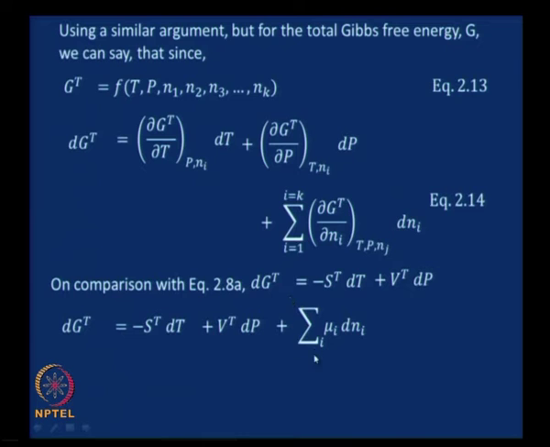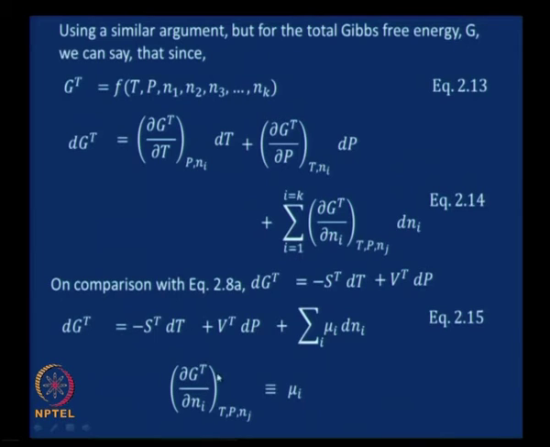So, we have this extra term here, summation of μ_i dN_i. We will call this equation 2.15. Let us define ∂G_t/∂N_i at constant temperature, pressure and N_j as μ_i itself. That is what I have done here when I wrote this equation.